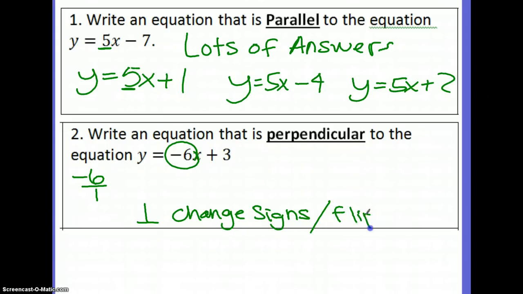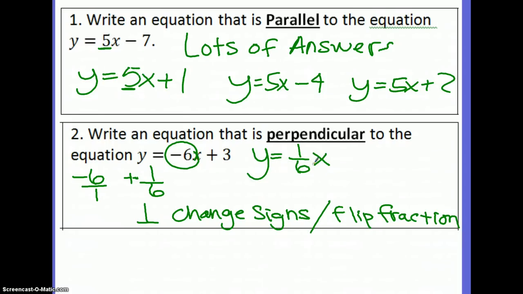So flip fraction. So if I flip the fraction, that's 1 over 6, and I change signs, that's negative, therefore this is positive 1 over 6. So any equation that has a 1 over 6 slope will work.